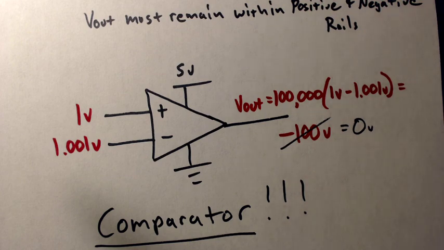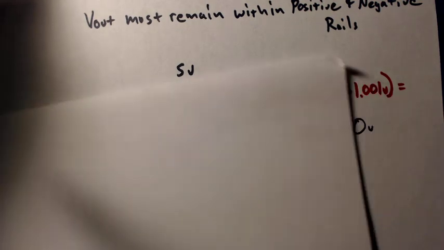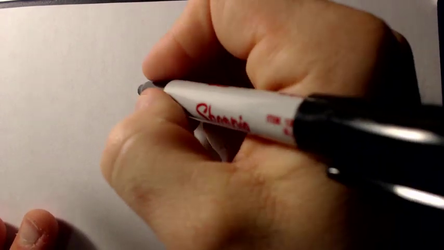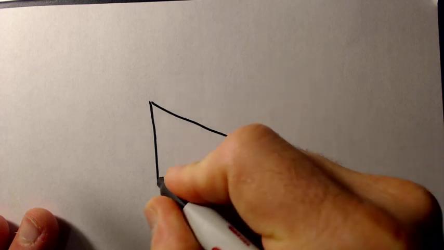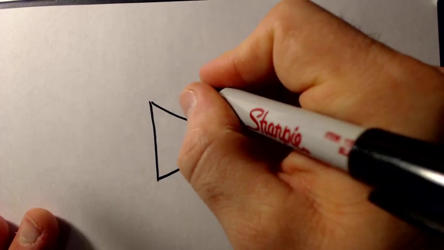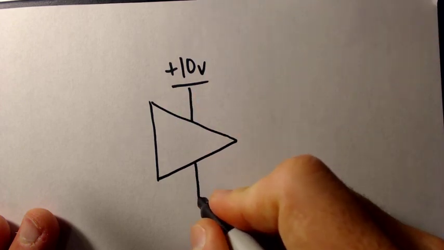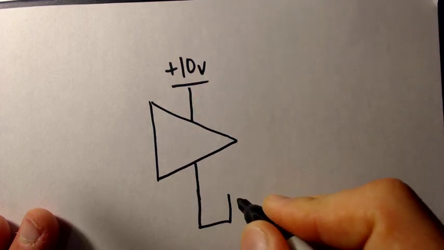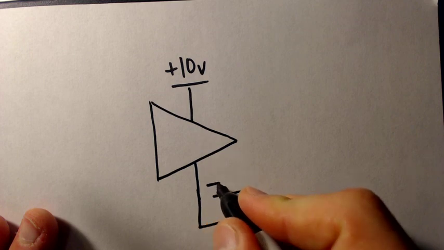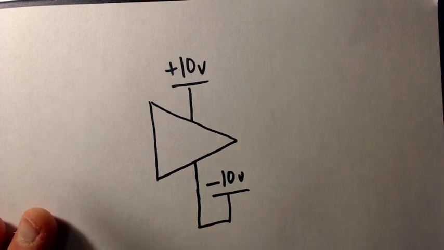So I'll go ahead and do one more of these. Let's change some things up here. I'm going to go ahead and now power it off of plus 10 volts, and I'm going to do minus 10 volts.